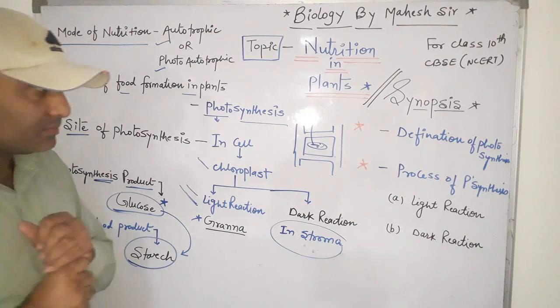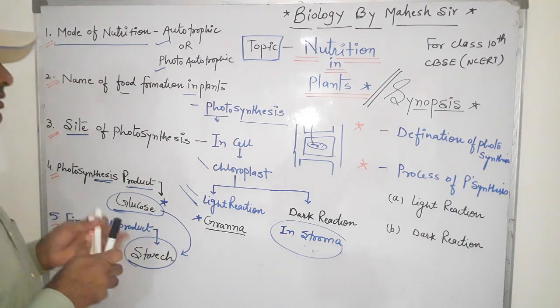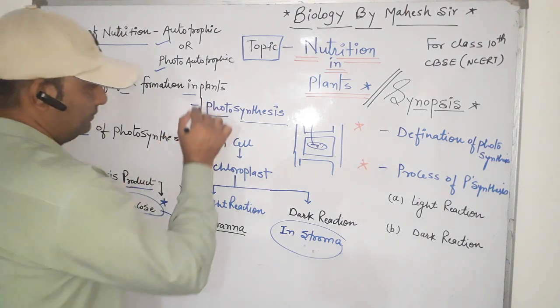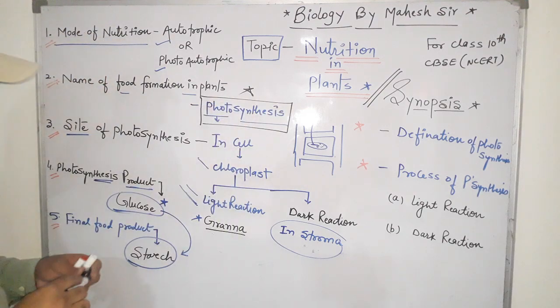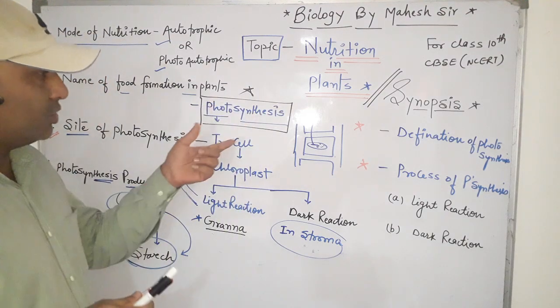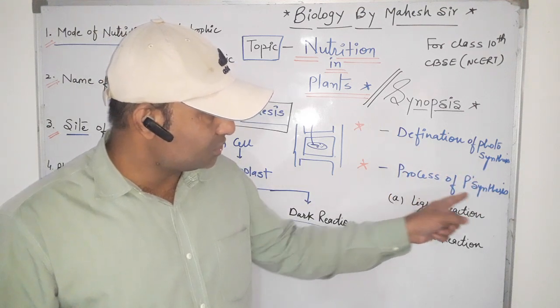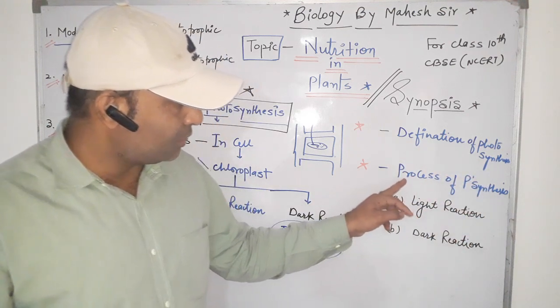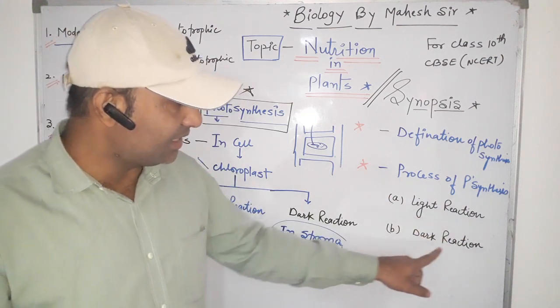Now we will take the next topic, which is photosynthesis in plants. It is a main and important topic. In this topic we will take the definition of photosynthesis and the process of photosynthesis. In the process we will take the light reaction, then the dark reaction.